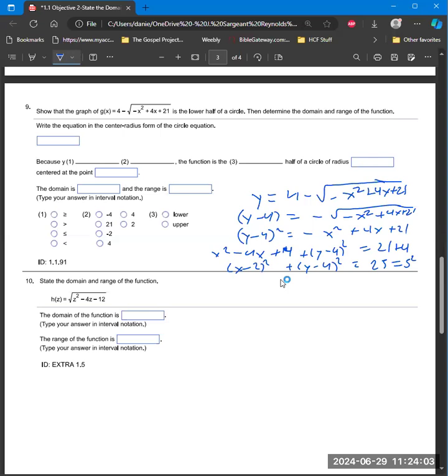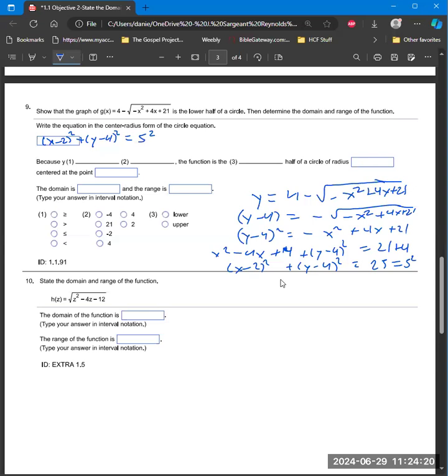So the equation that they want in here is x minus 2 squared plus y minus 4 squared is equal to 5 squared.